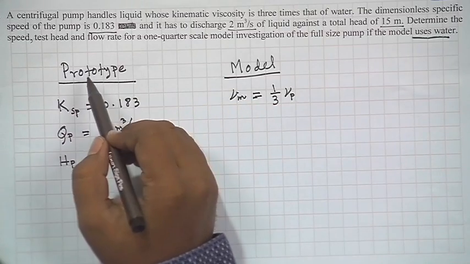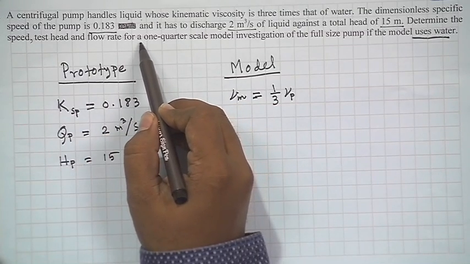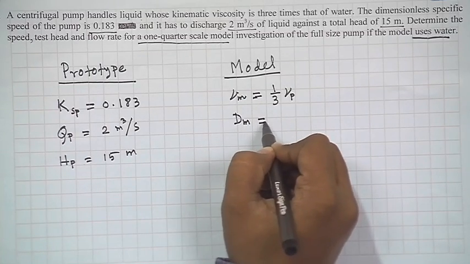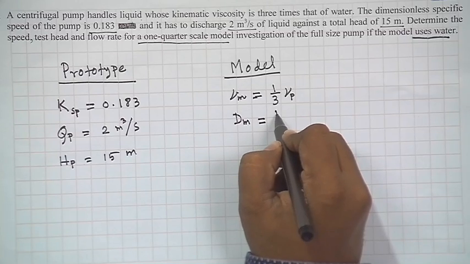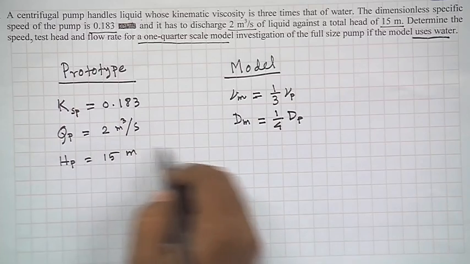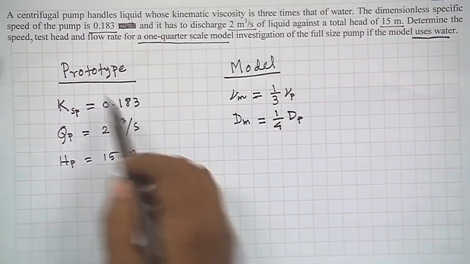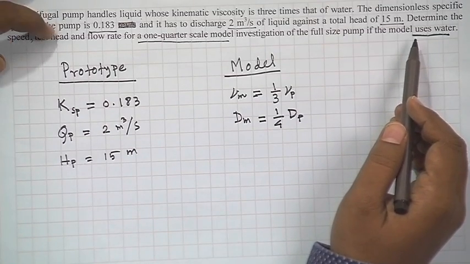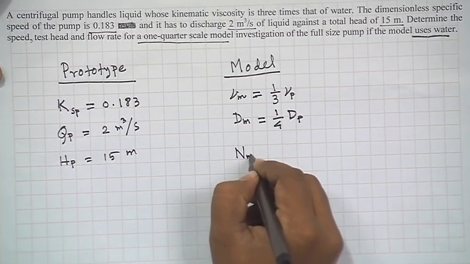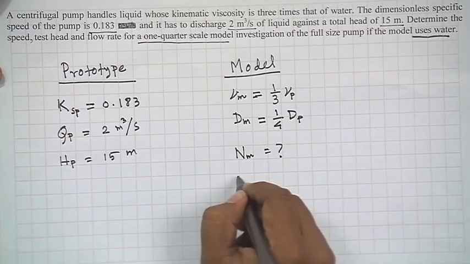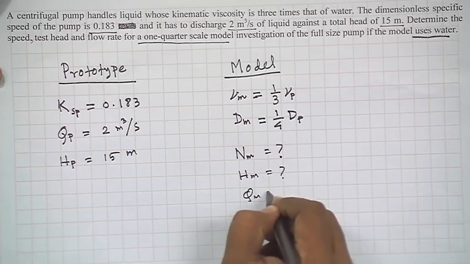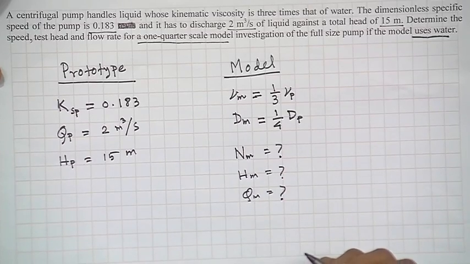Another important thing to note is that we are using a 1/4 scale model, so the rotor diameter of the model will be 1/4 of the diameter of the prototype. So these are given quantities. Now we have to determine the speed, test head and flow rate for the 1/4 scale model. These 3 quantities are of interest.